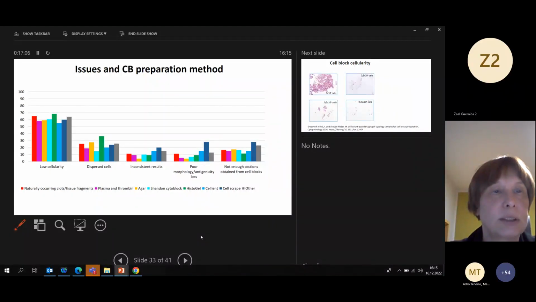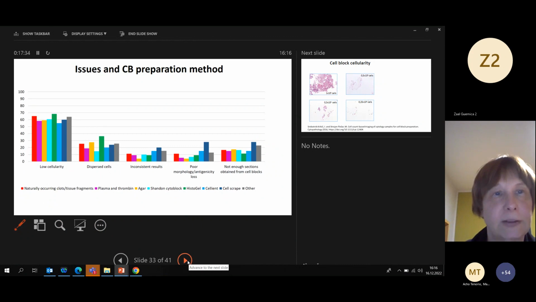We also wondered, are there any differences in the frequency of individual issues with cell blocks regarding the preparation methods? But as you can see here, there is very little variability in the frequency of reported issues between different cell block preparation methods.